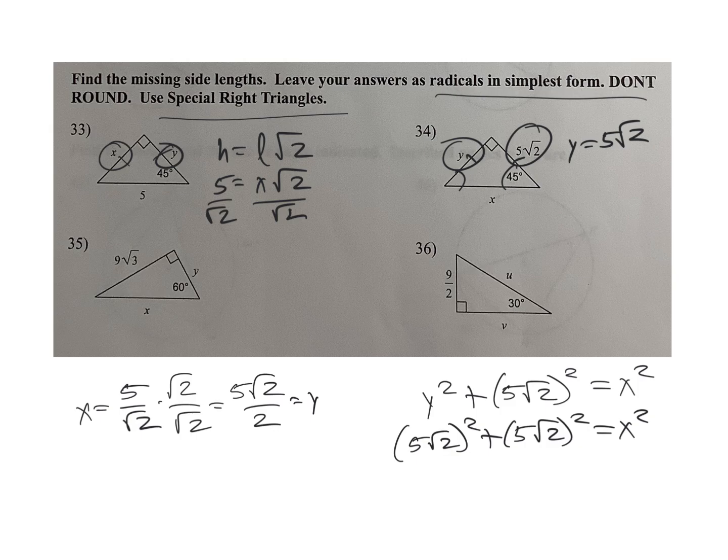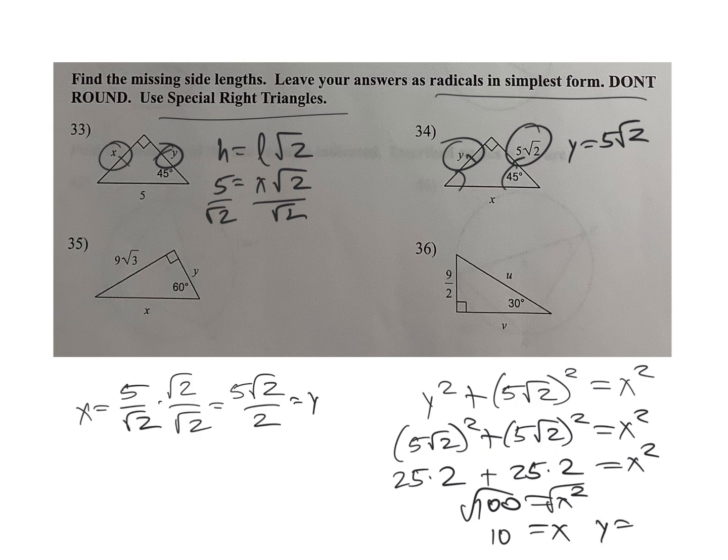So when you square that, 25 times 2, 25 times 2. So 50 and 50 is 100. So take the square root, x is 10. And you need to say that y is 5 square root of 2. That is what you would need to write down.